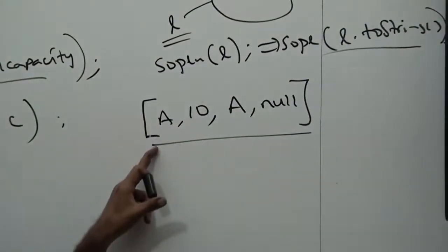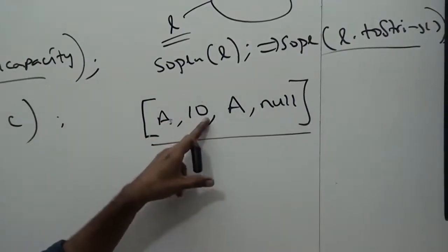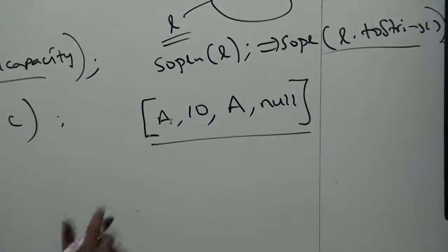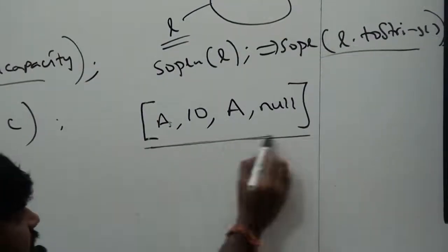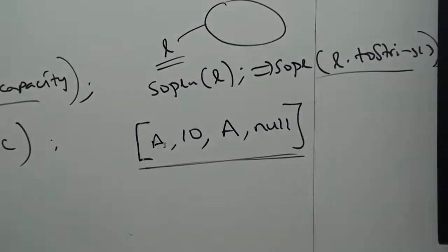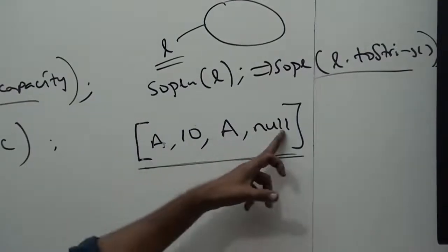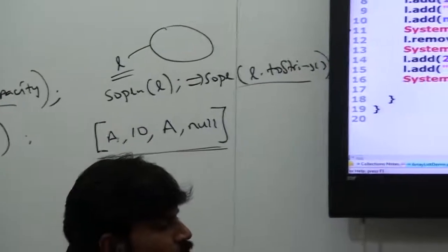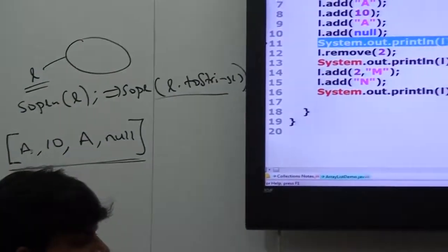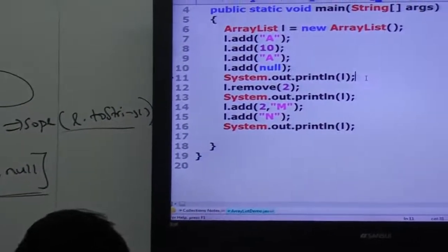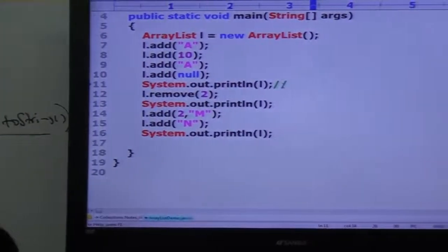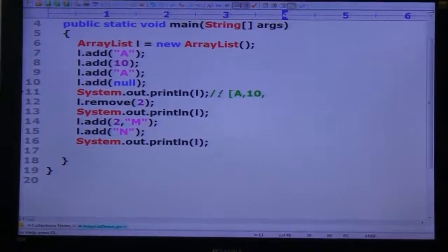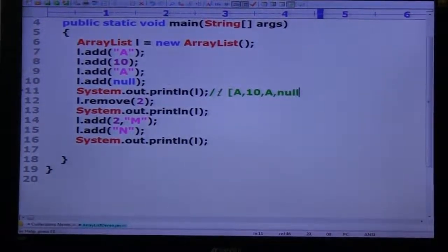Open square bracket, first element, second element, third element, fourth element, so our collection elements will be placed inside square brackets. That's why we get this output by default. So in any collection, the elements are in square brackets. So for the first SOP, what is the output we are going to get? It's very clear: A, 10, then after that A, comma, null we are going to get.